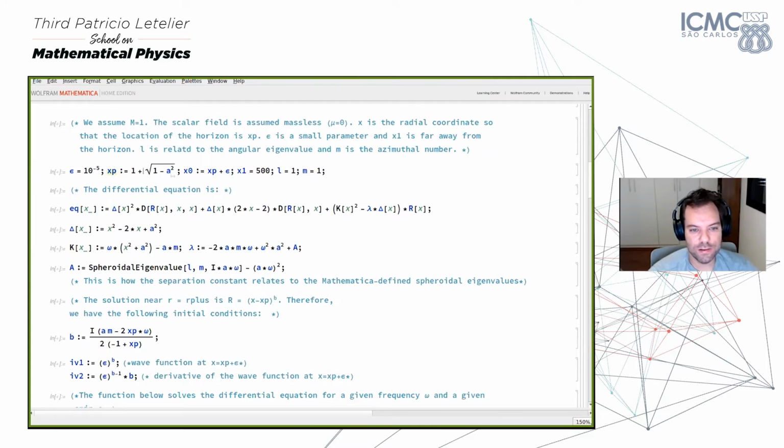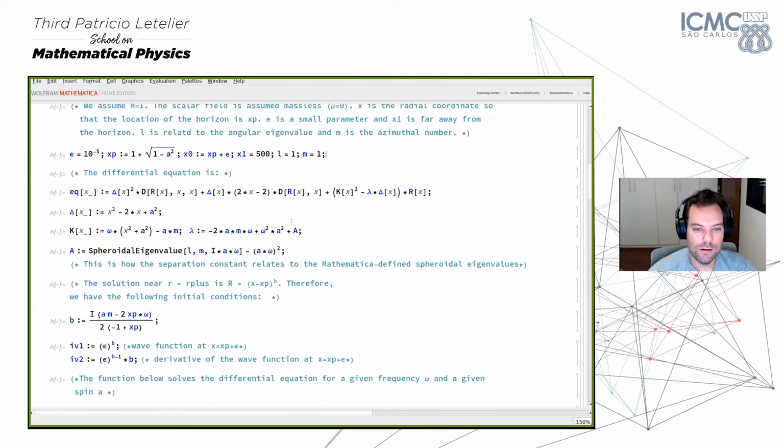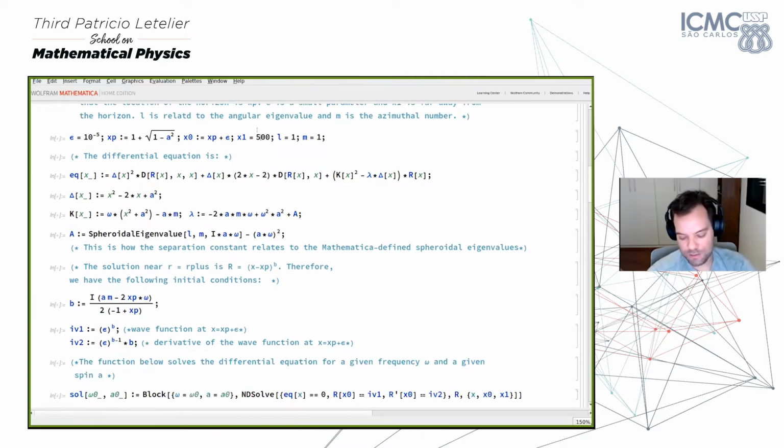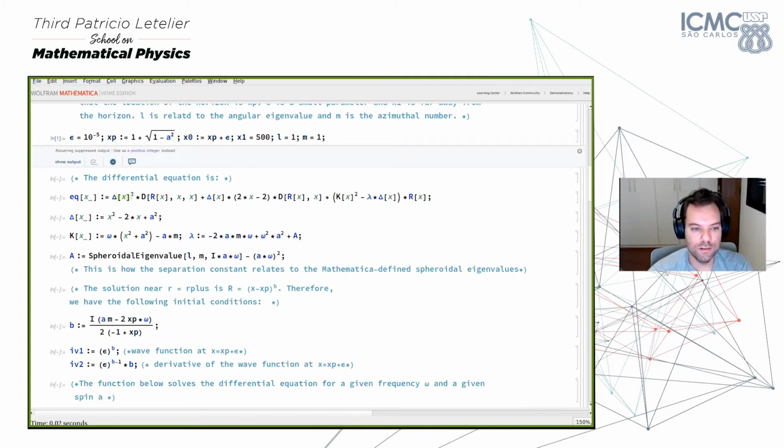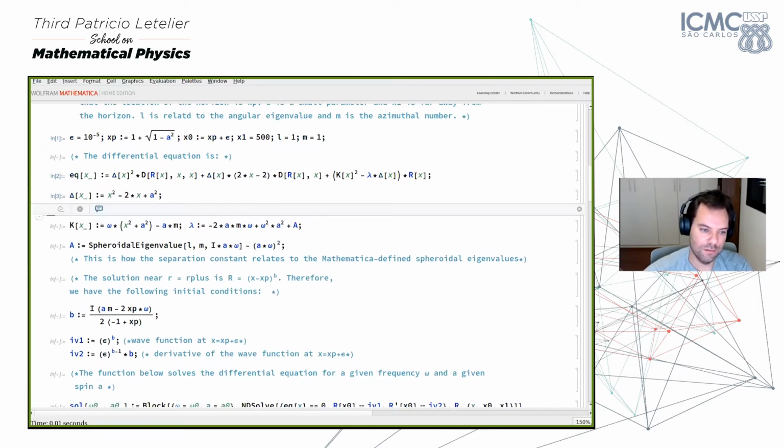I'm just defining the quantities here: epsilon, and XP is the horizon. It should be well commented so that you can understand what is being done, but if not, you can send me an email. I'll try to explain, or you can ask me now or during the discussion session. Basically, the definitions of the parameters here, the differential equation.